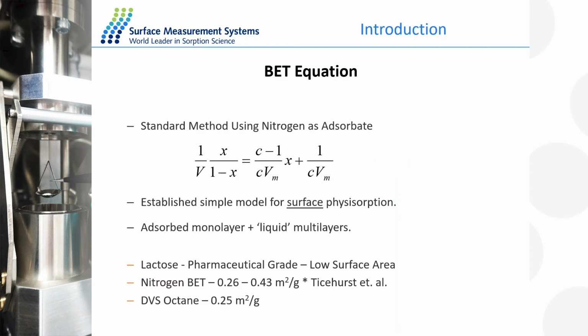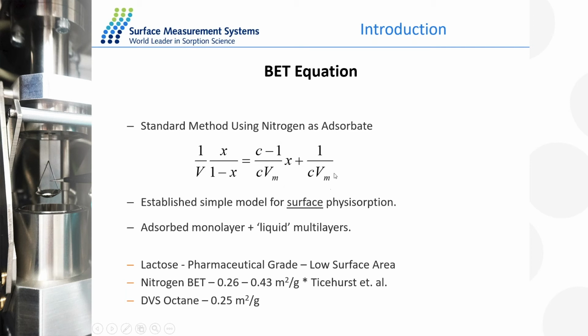So here is the classical equation from the BET theory, where X is the partial pressure of the vapor above the surface, and V is the amount of vapor adsorbed on the surface. If we take the left part as the ordinate and X as the abscissa, it should give a straight line with the linear regression.